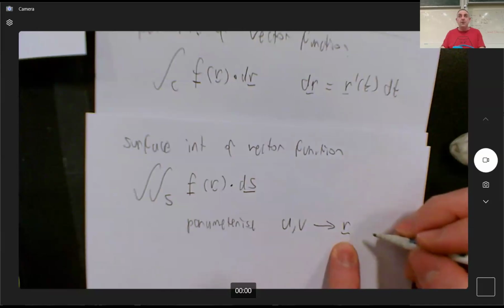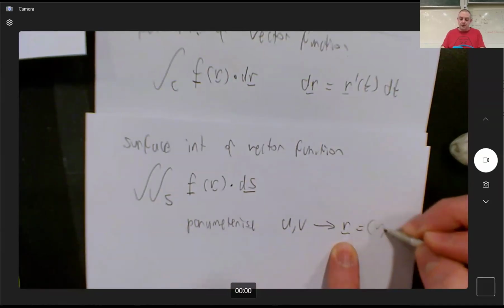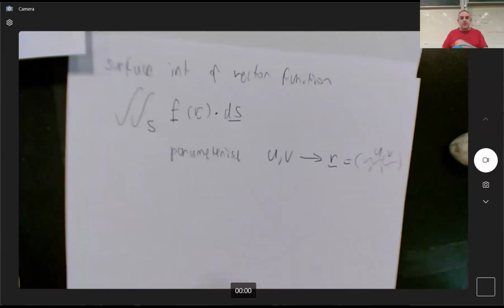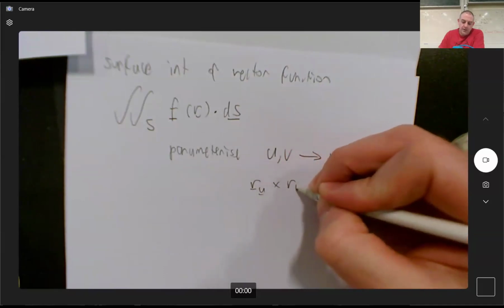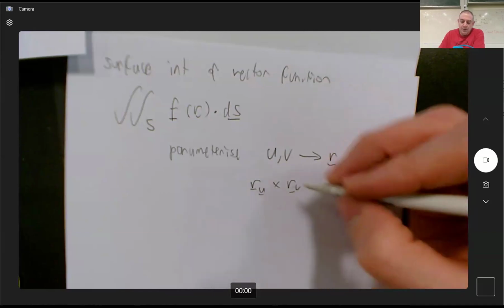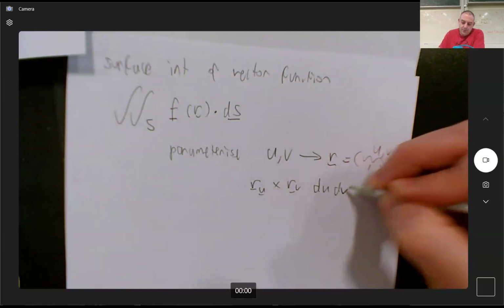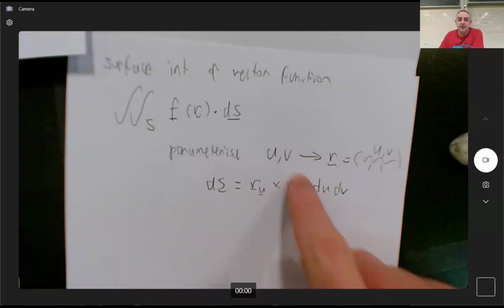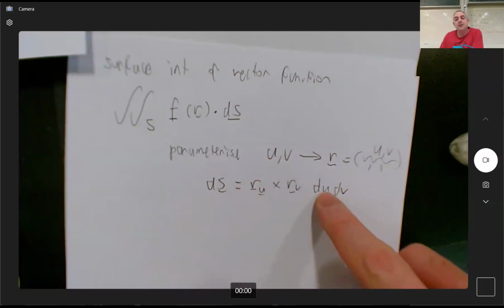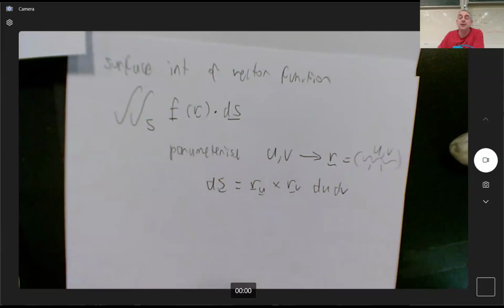So r is a formula involving u and v, which is officially x, y, z equals u and v. And then you'll go, cool. This one's a bit more complicated. You have to do dr on du cross dr on dv. And that is what ds is. And see, that's a vector when you do a cross product. But there's a little du dv, which is a little piece of area that goes with that vector.